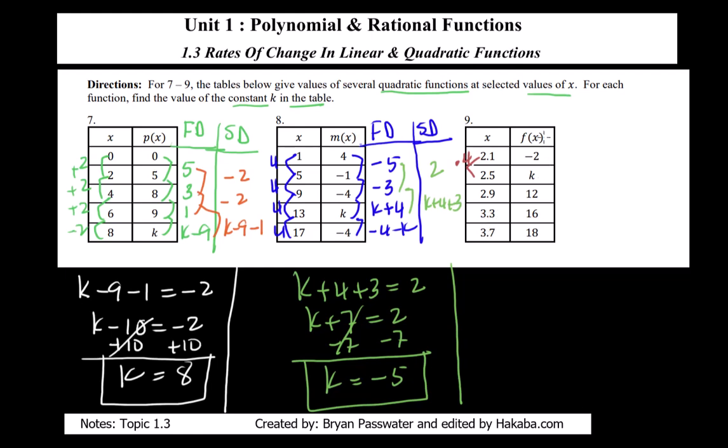So we only worry about the difference of the y. K minus negative 2 is k plus 2. 12 minus k is 12 minus k. 16 minus 12 is 4. 18 minus 16 is 2. That would be the first difference.